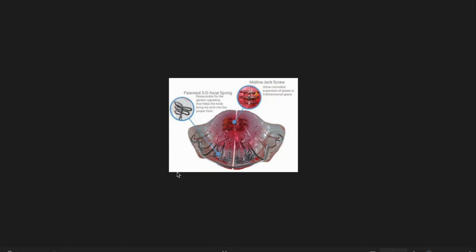Now, there is specific timing, turning sequence and speed that I usually go over with our patients. And again, typically expansion with Vivos is followed with Invisalign.